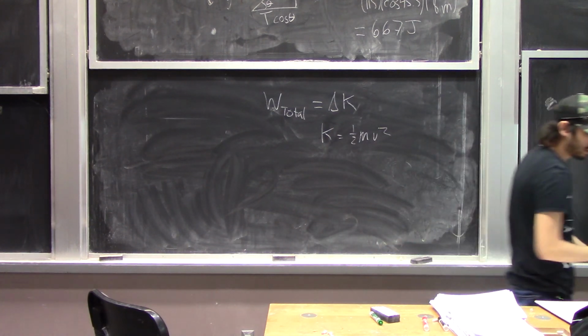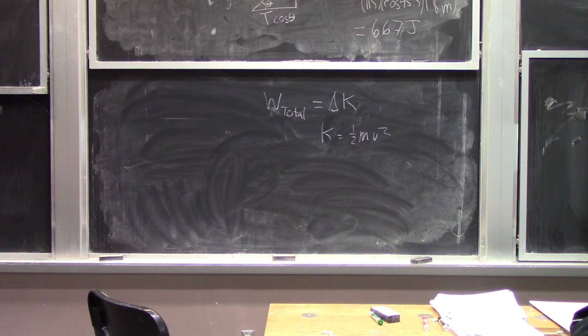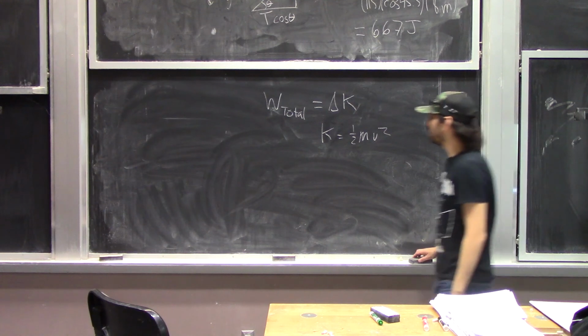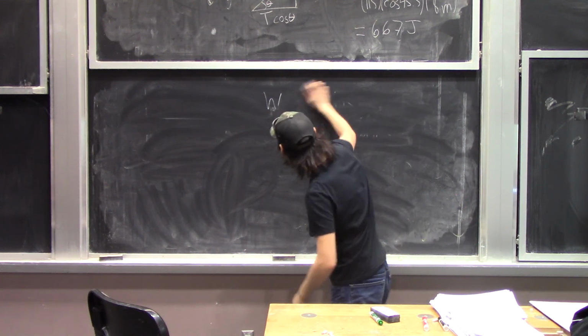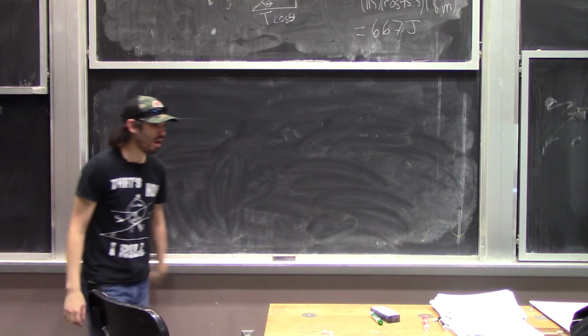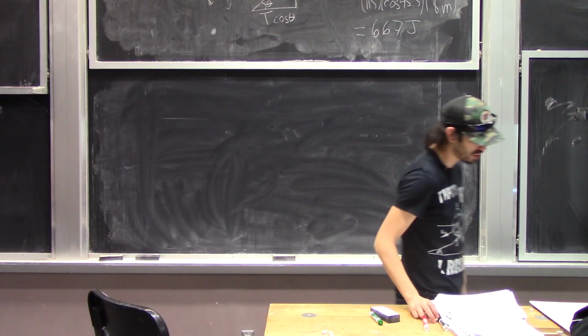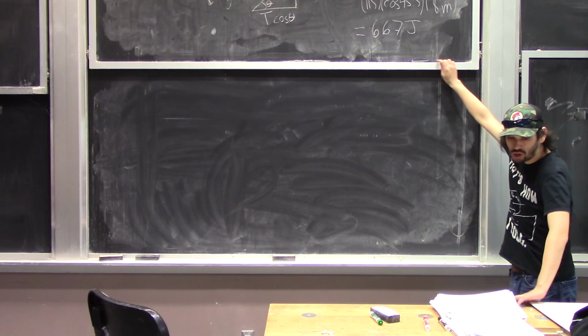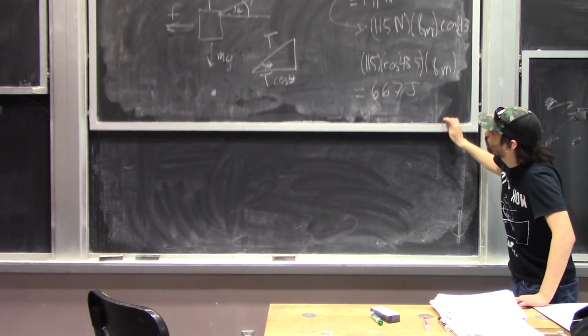Okay, so let's go ahead and talk about this one. As I alluded to, there's the easy way to do this and the hard way, but it's worth seeing why the easy way and the hard way are the same thing. So let's start by looking at the free body diagram.